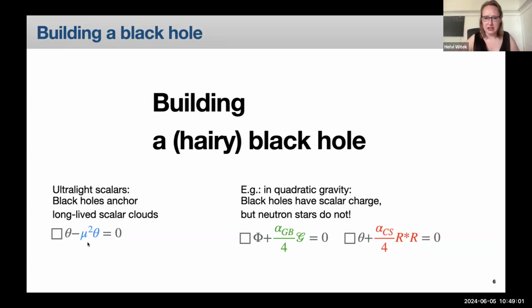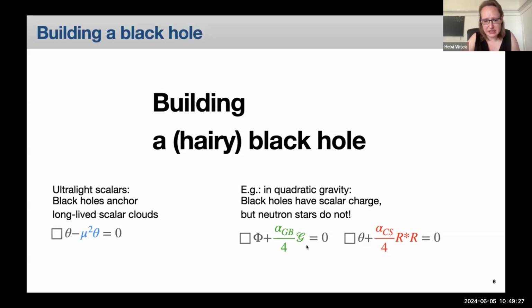And then the other two types that I want to think about are for these corrections of general relativity that are quadratic in curvature. Remember, I told you this curly G here is essentially a Riemann squared type correction. And here we have what's called the Pontryagin density, so Riemann times the dual Riemann.